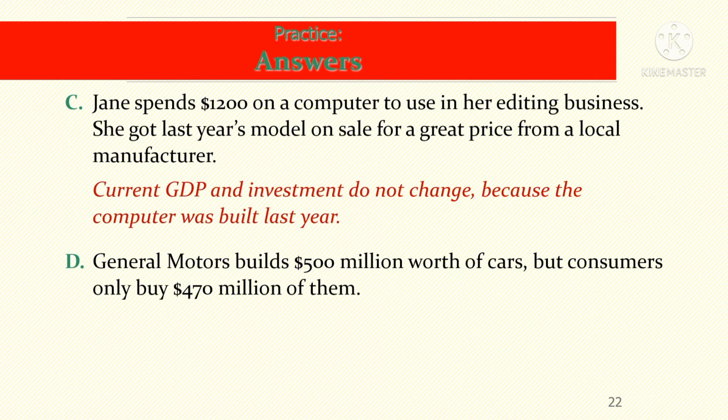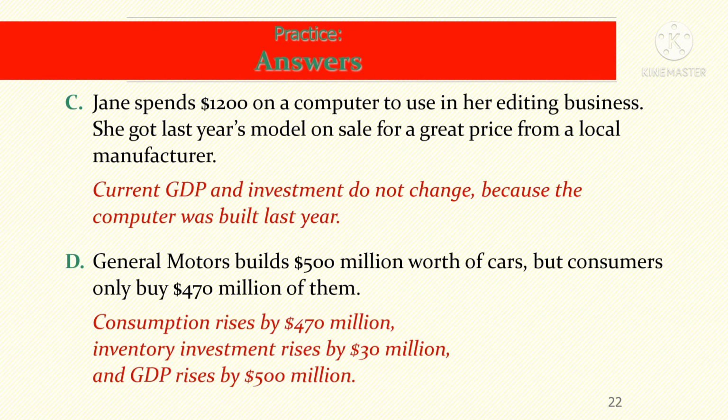So, merong unsold output of around $30 million, the difference of $500 and $470 million. So, here, consumption rises by $470 million. Inventory investment rises by $30 million and GDP rises by $500 million.